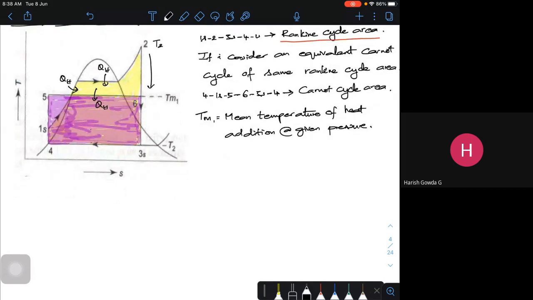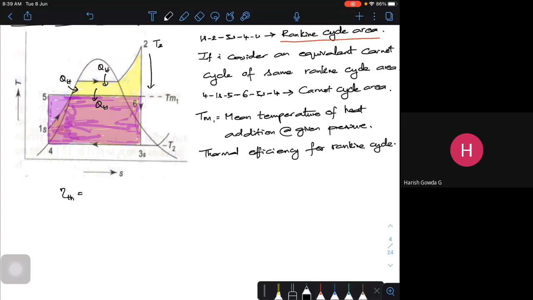Now, what is the efficiency for your Rankine cycle? Let me write the thermal efficiency for the Rankine cycle. This will be the work done divided by the heat supply.